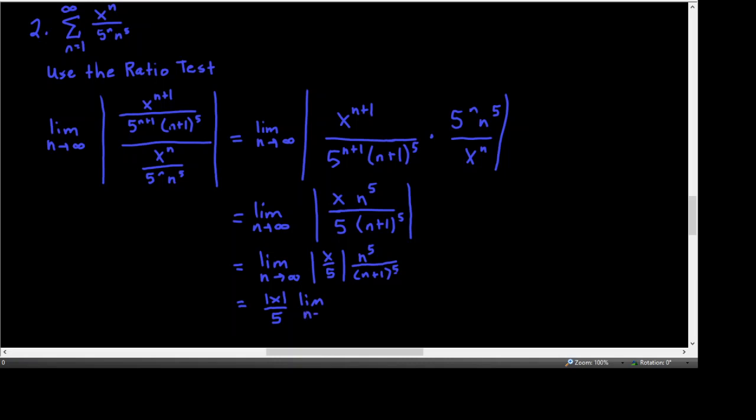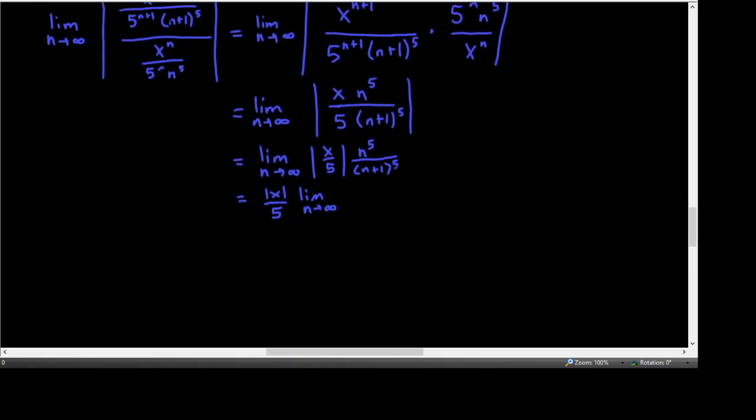Then the powers in this fraction, n to the 5th over n plus 1 to the 5th. Let me rewrite that so we're actually making a change there. I pulled the absolute value of x over 5 out, but what's left is n to the 5th over n plus 1 to the 5th.